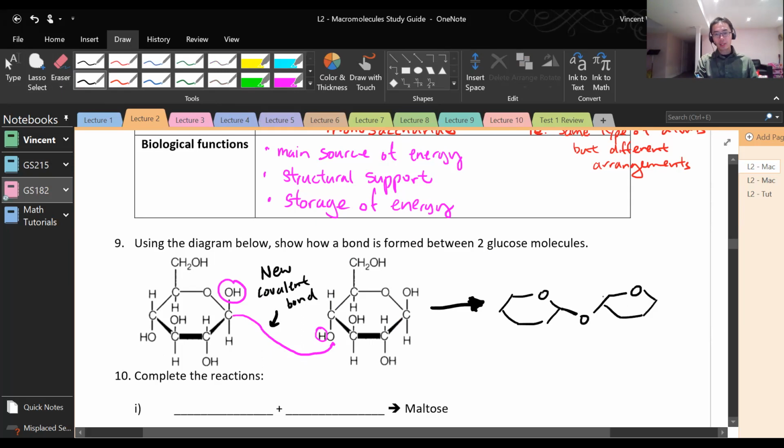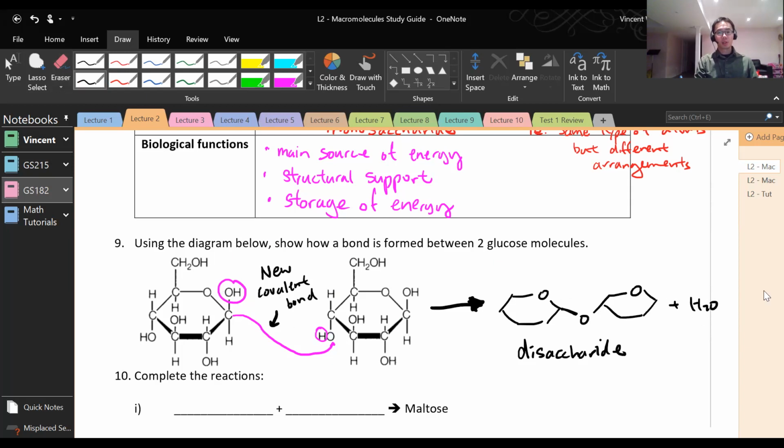I'm just gonna keep the hexagon. And now I have a disaccharide. Two sugars connected together. Of course, plus water. Where did the water come from? Well, I removed it, right? H here, OH here, and that removes the water molecule. Does that make sense?